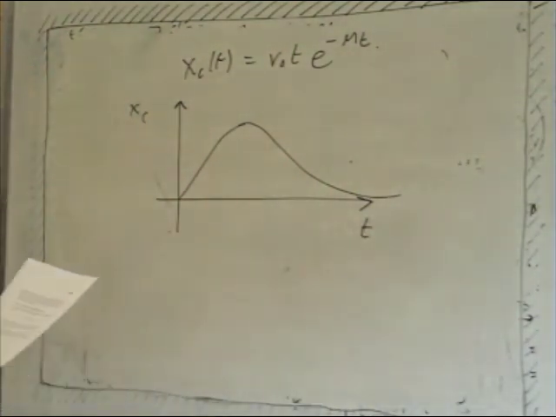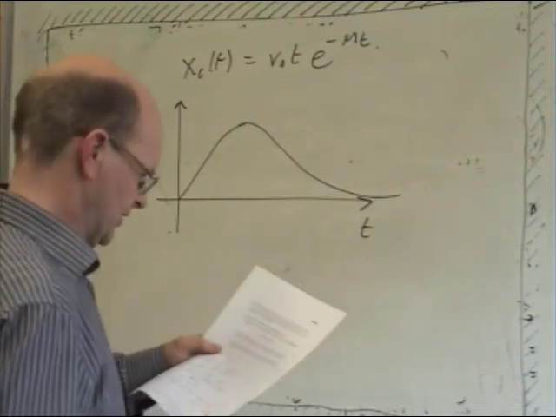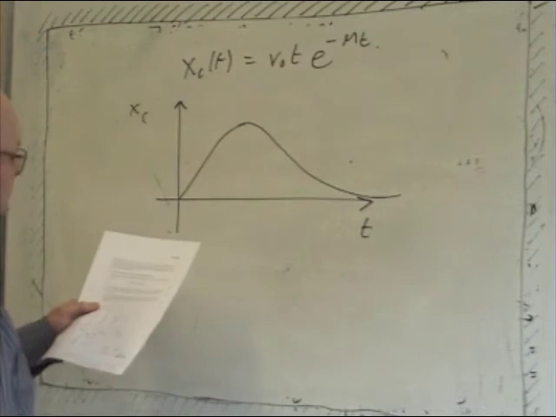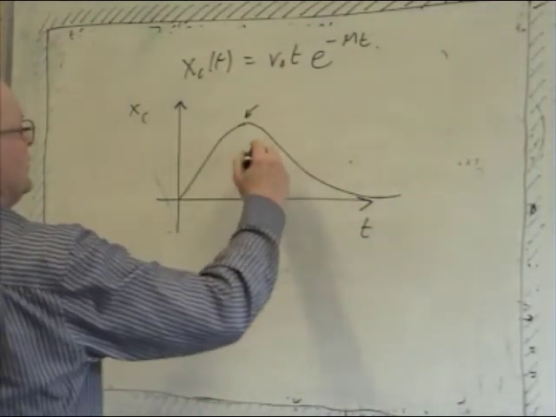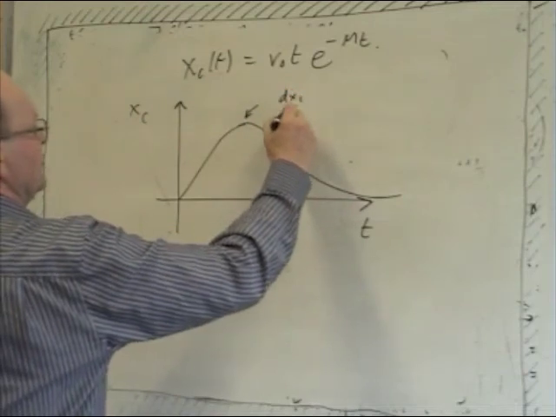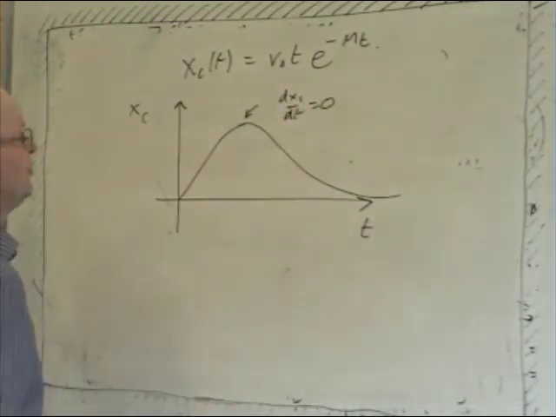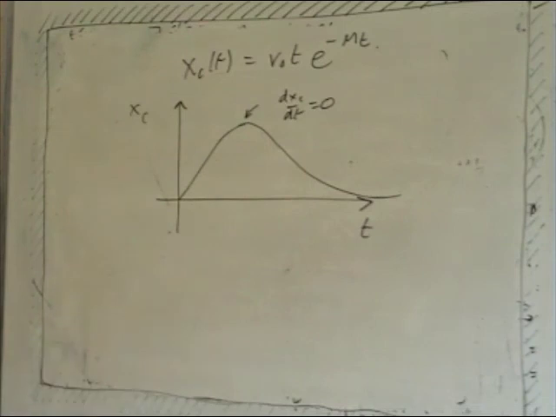If you want to know the time when the velocity is momentarily 0, it's here. This is dxc by dt equals 0, so it's got 0 slope. So you need to find a maximum of this thing.